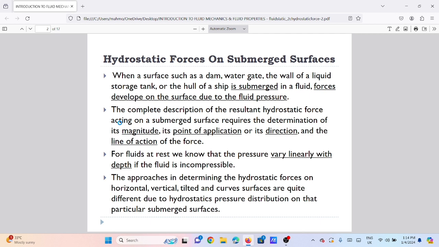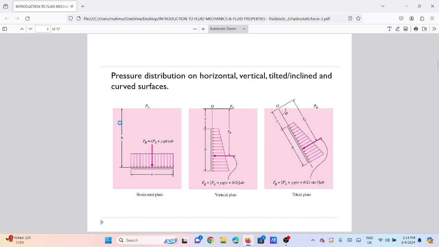For fluid at rest, we know that the pressure varies linearly with depth if the fluid is incompressible. The approaches in determining the hydrostatic force on horizontal, vertical, tilted, and curved surfaces are quite different due to the hydrostatic fluid pressure distribution on that particular submerged surface.